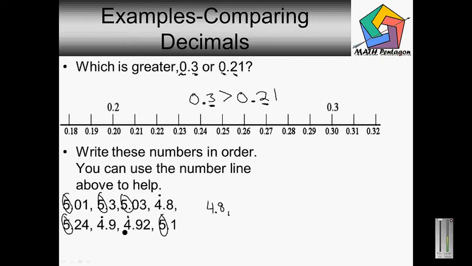And then we would put 4.9, and imagine putting a 0 after the 9, so it would be 4.90. So that's why it would be before the 4.92.